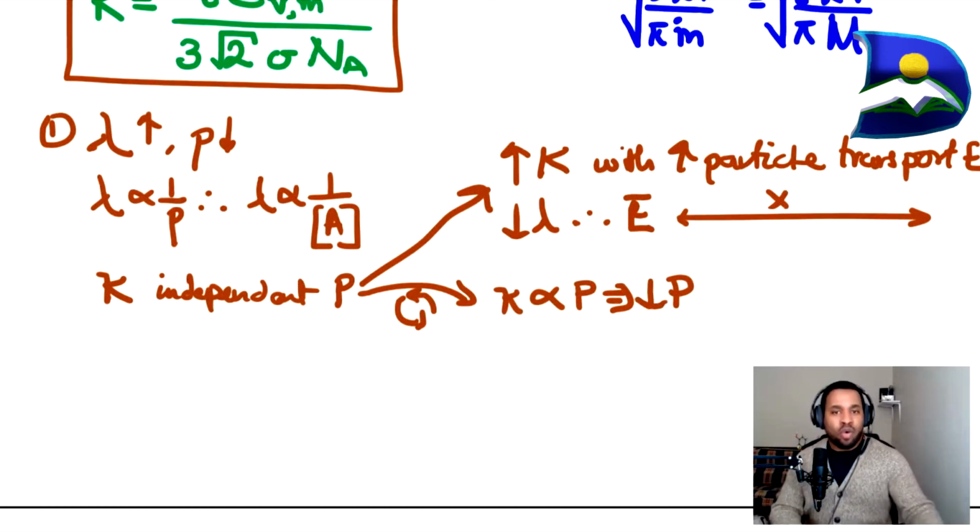As a result, once low pressures satisfy this relationship between our pressure and the coefficient of thermal conductivity, we notice that our lambda, which we expressed initially here, is going to go beyond the dimensions.